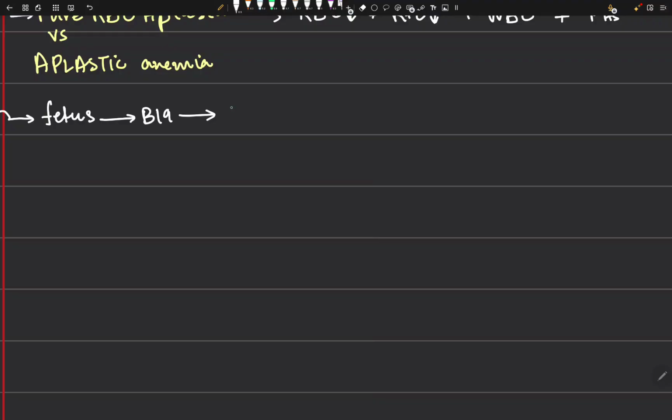Severe fetal anemia can lead to high output heart failure, and edema, because we are not making enough albumin, right?